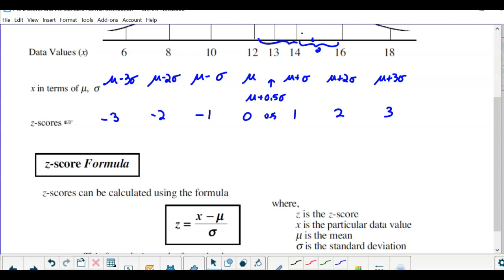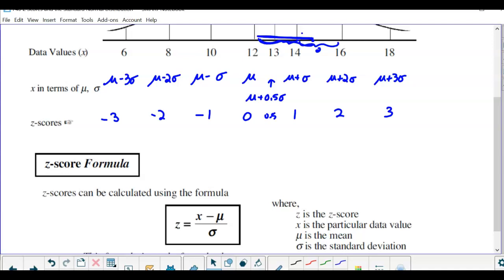So this difference from here to here would be 2.6 divided by the standard deviation, which is 2. That's going to give you a value of more than 1 standard deviation, so a z-score more than 1.